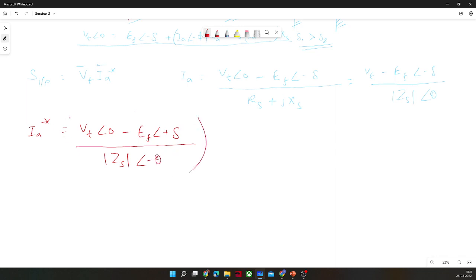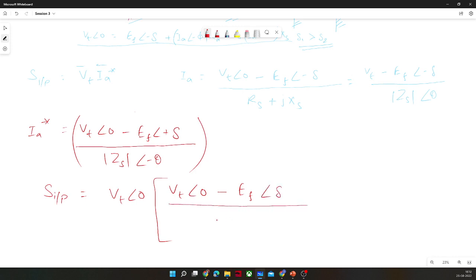So this would be the conjugate of Ia. Ia conjugate we have calculated, Vt was already there. So I will write the input apparent power: Vt angle 0 times Vt angle 0 minus Ef angle delta, divided by Zs angle minus theta.